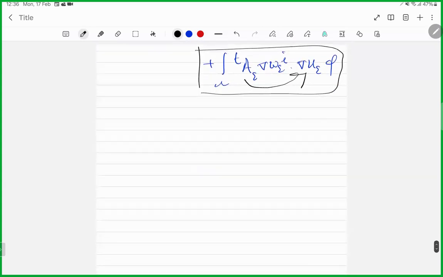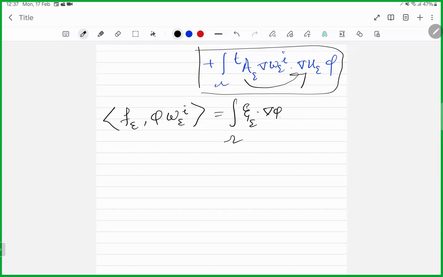If I simplify, you will see that f epsilon phi is equal to, so I replace this term with whatever we had there.